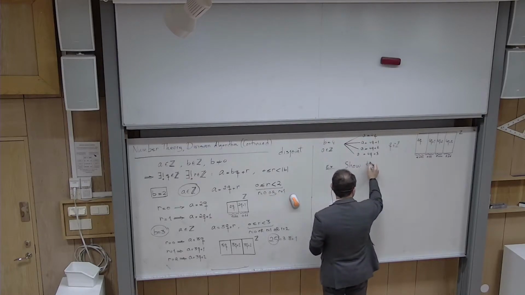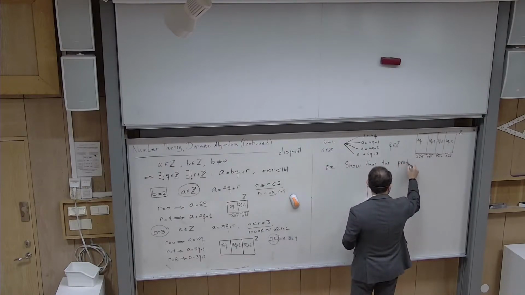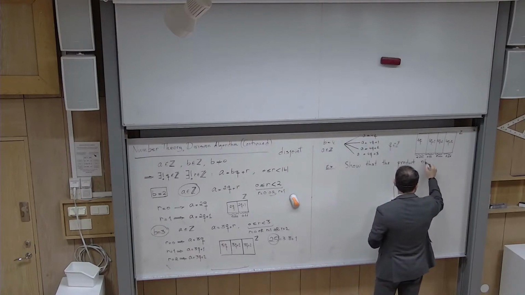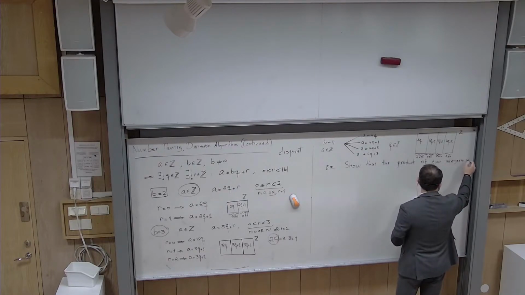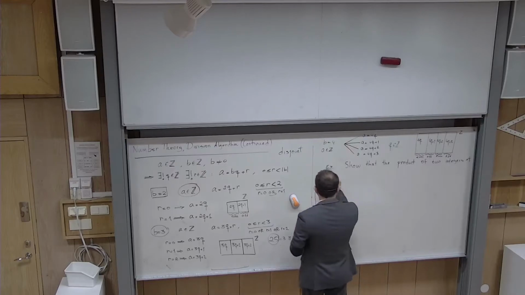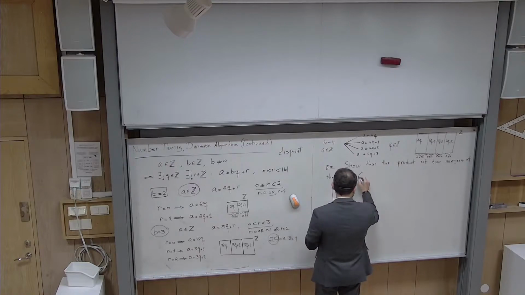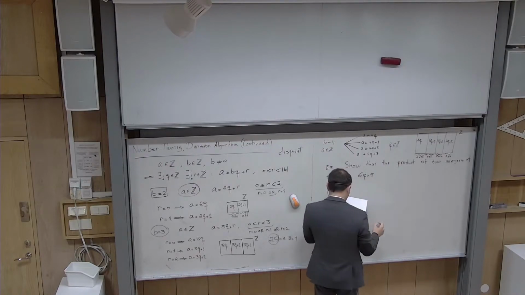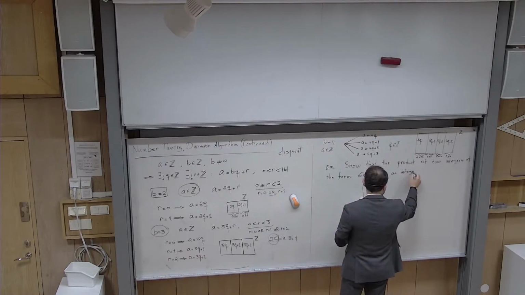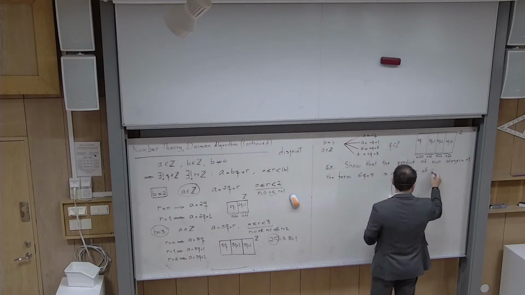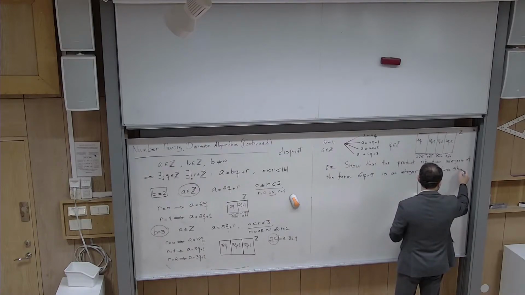Show that the product of 2 integers of the form 6q plus 5 is an integer of the form 6, for example, k plus 1.